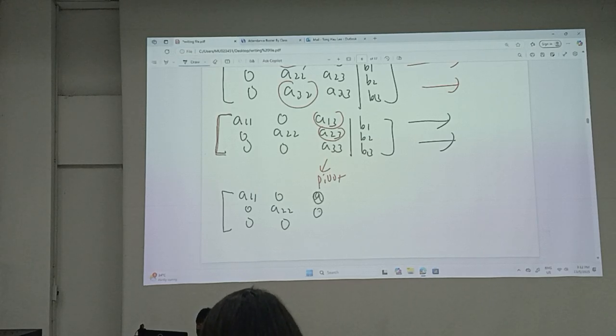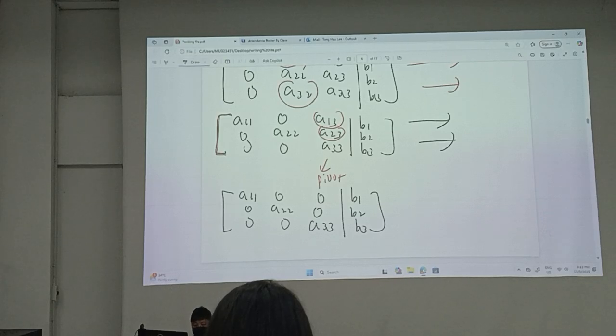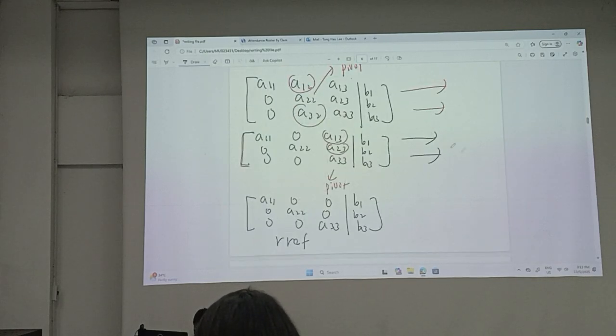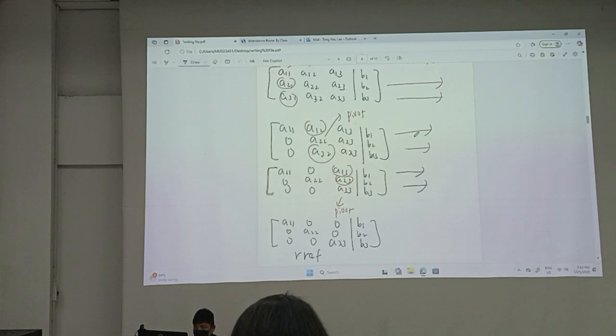This will be 0, this will be 0. Okay, so as a result, we will get RREF, reduced row echelon form. So these are all the steps.